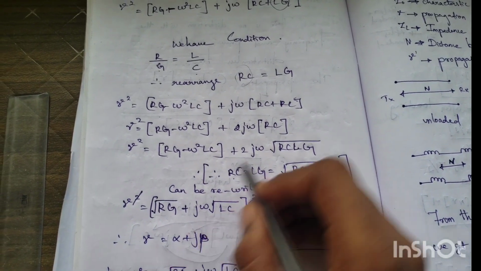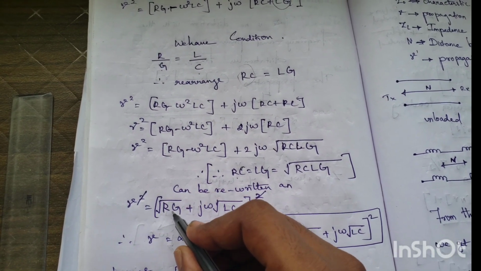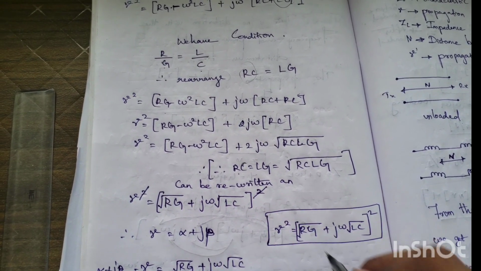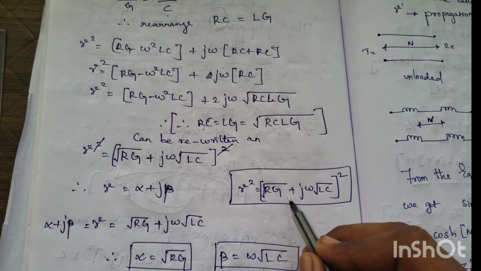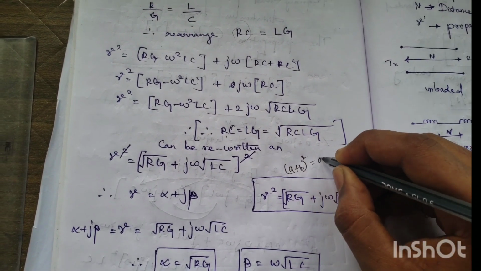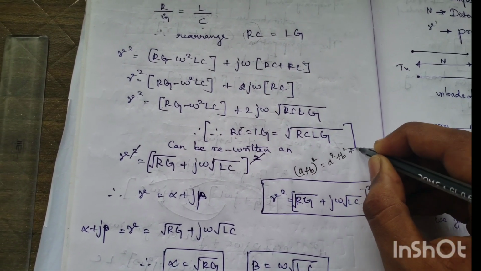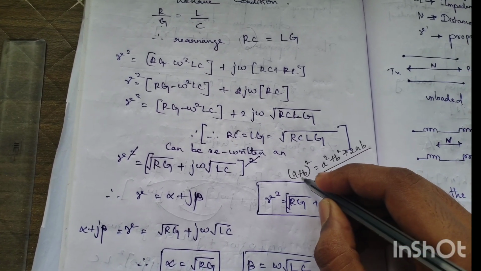We will finally get this equation: gamma square equals rg plus omega square lc plus 2 j omega root of rg lc. It is in the a plus b whole square equals a square plus b square plus 2ab format, so we simplify it as a plus b whole square.